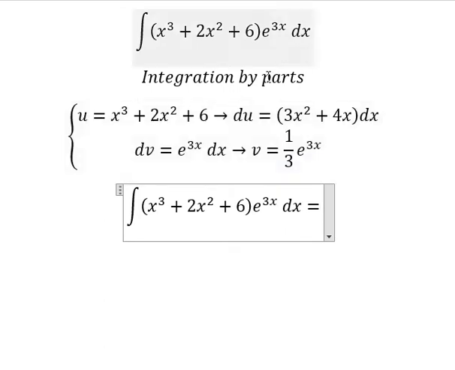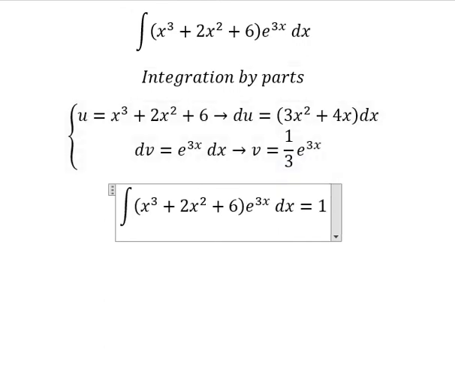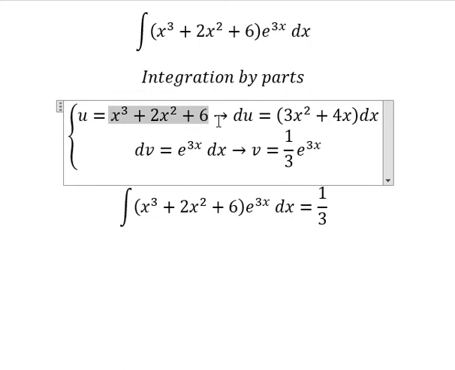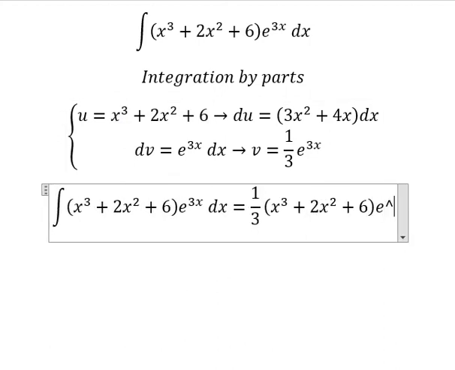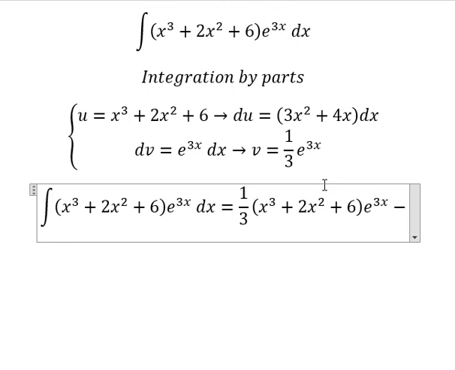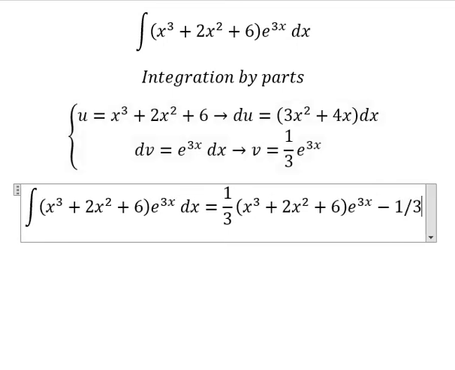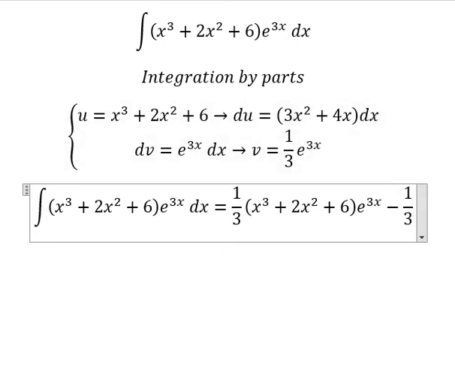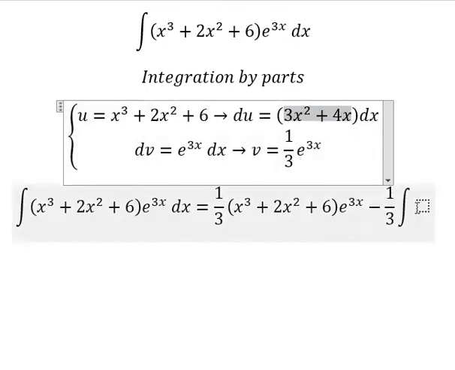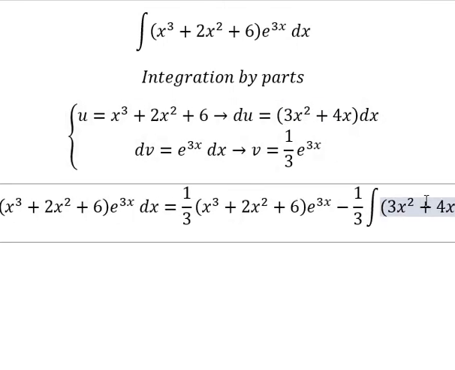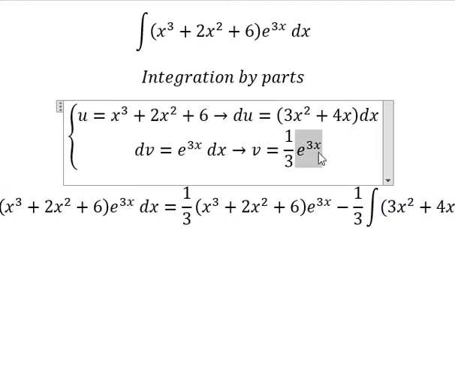So we have u multiplied by v, minus the integration of u multiplied by v, so we have 1 over 3 in here, and we have the integration of this one with this one in here.